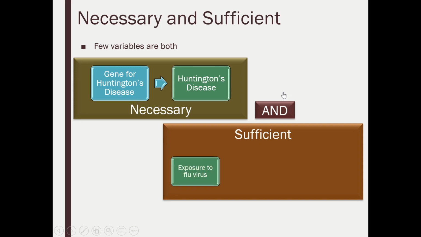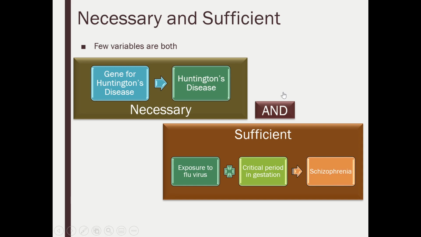I thought I'd give us an example that's a little closer to psychology, which is the exposure to the flu virus plus a critical period in gestation. I use that weird dashed arrow, might lead to schizophrenia, right? Because that's a good example of how exposure to the flu virus might be necessary for development of schizophrenia.